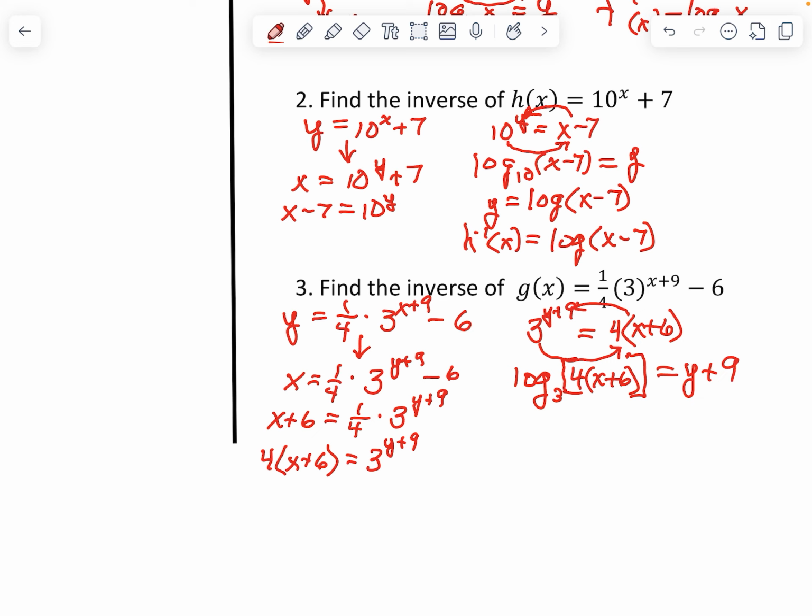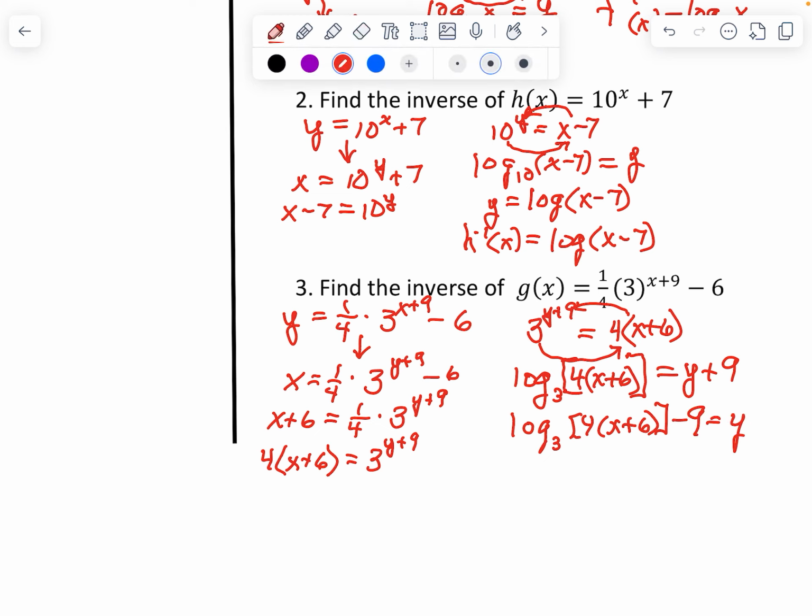Now we still have that extra step of subtracting 9 from both sides, so log base 3 of 4 times x plus 6, minus the 9, is going to equal my y. So my inverse function, g inverse, will equal log base 3 of the quantity 4 times x plus 6, that quantity, minus 9.